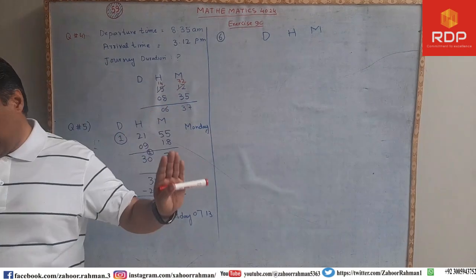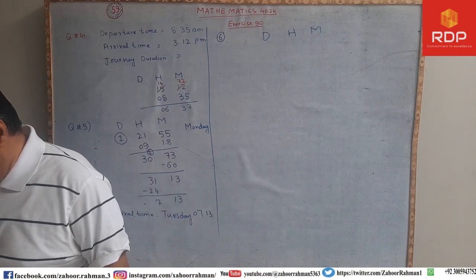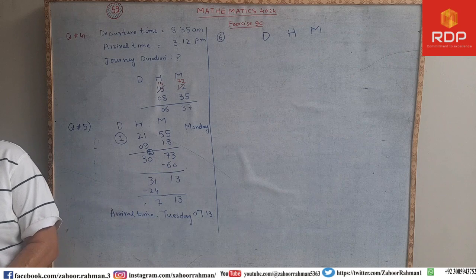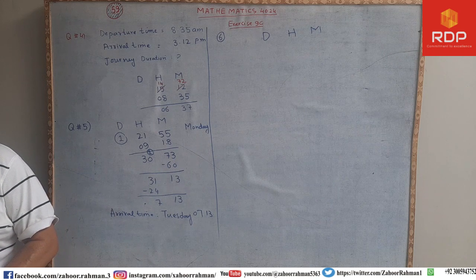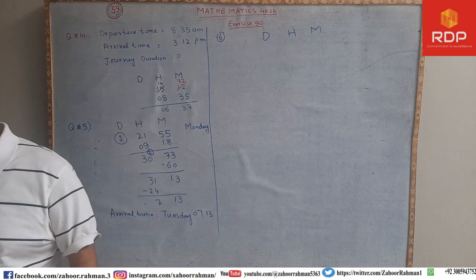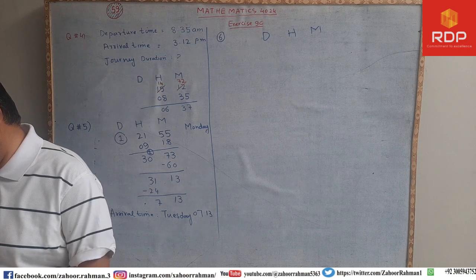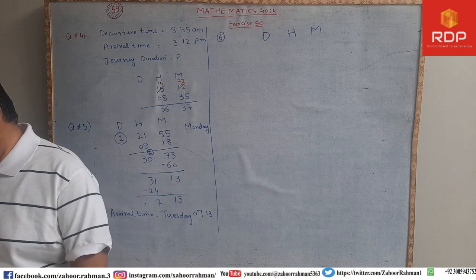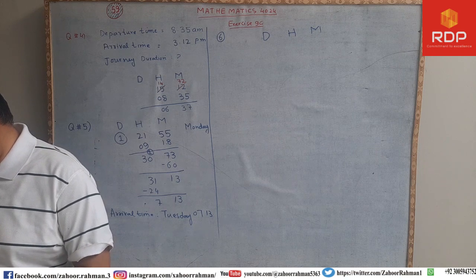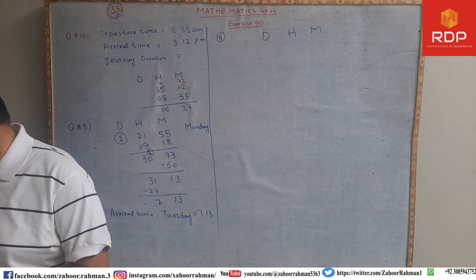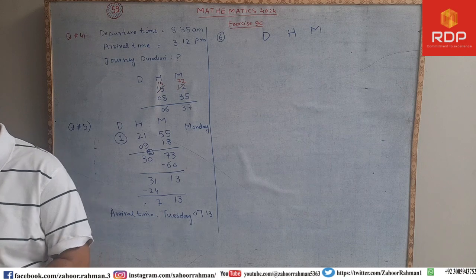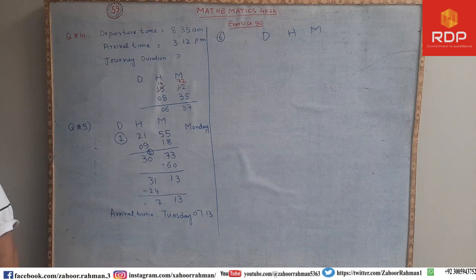Whether day is involved or not, you have to write it. So 15:06 is the arrival time after traveling 4 and 1/4 hours. Find the time the car started the journey.